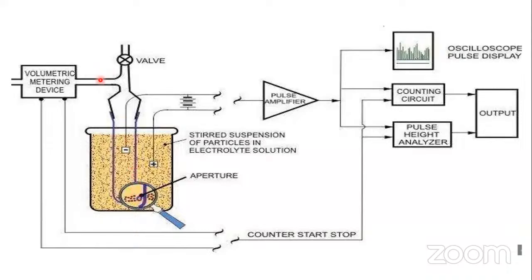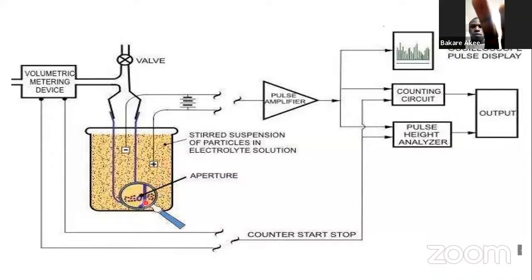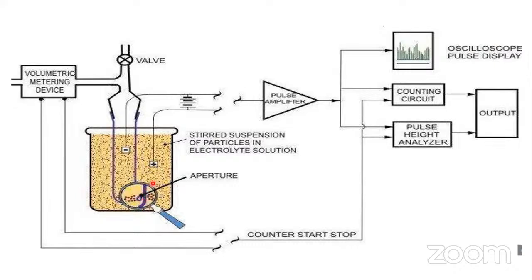Once the microbial culture is run through the valve, when it gets to this point, they begin a kind of measurement based on the aperture here. Then the signal is sensed and sent through this plate by giving it a pulse.